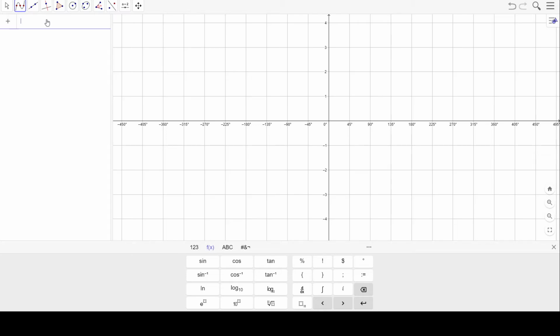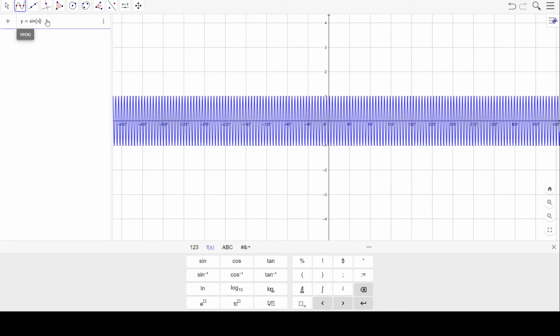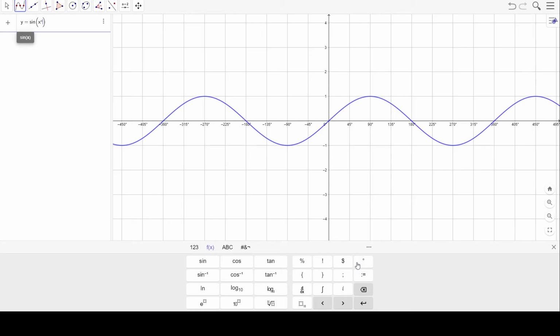So for example, I can write y equals sine x, but I have to go here and put the degree on top, yes? And then I also draw the graph of y equals cosine of 2x.